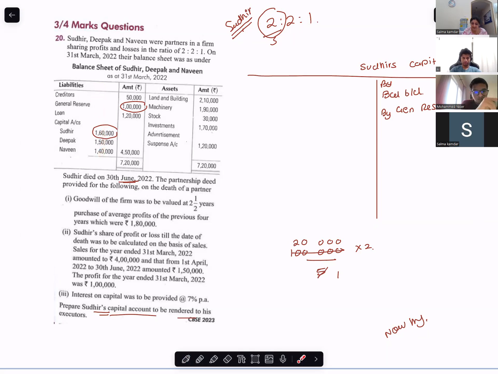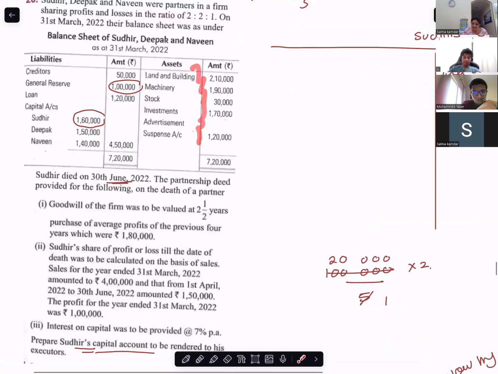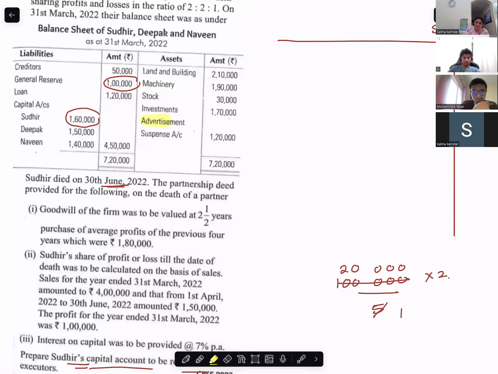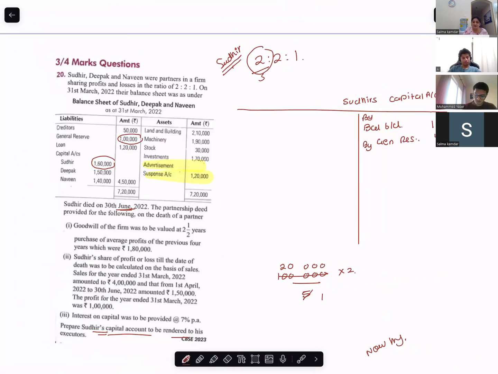Any other reserves over here? No. The advertisement suspense is an undistributed loss. So whatever is on the asset side will go somewhere on the debit, and whatever is on the liability side will go somewhere on the credit.